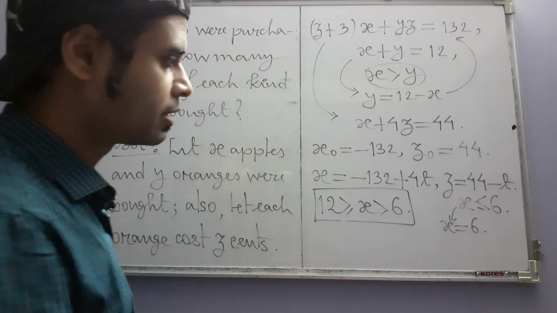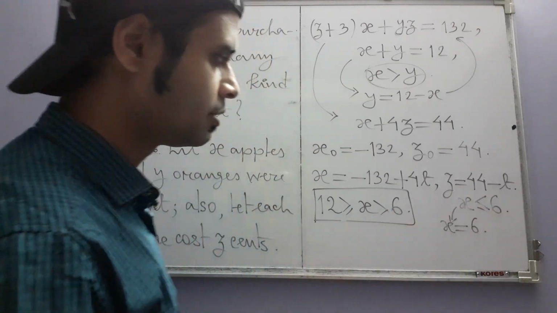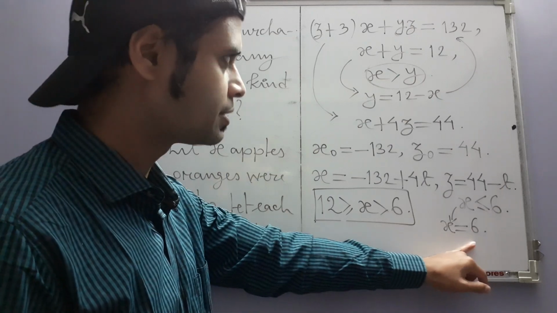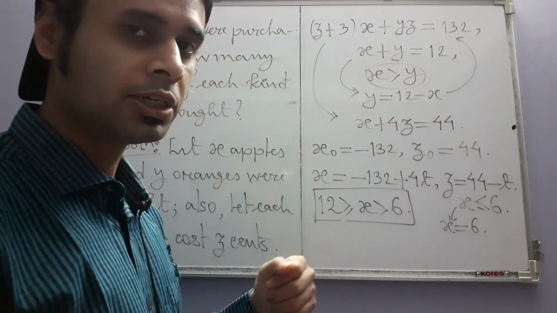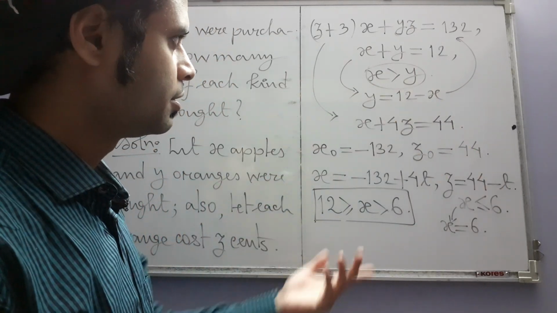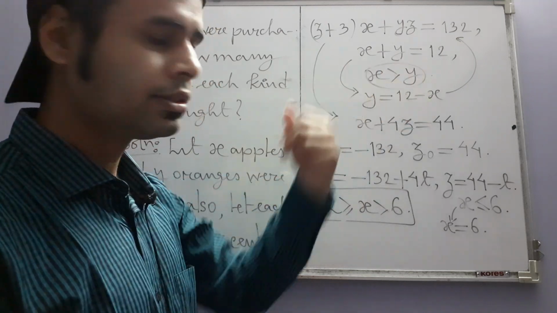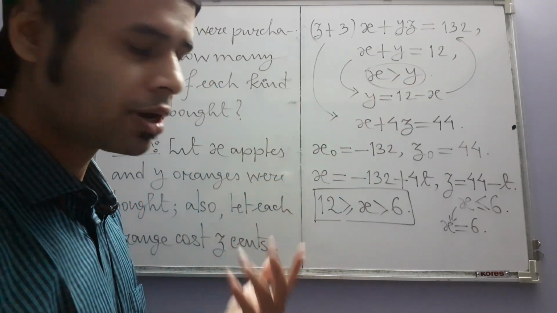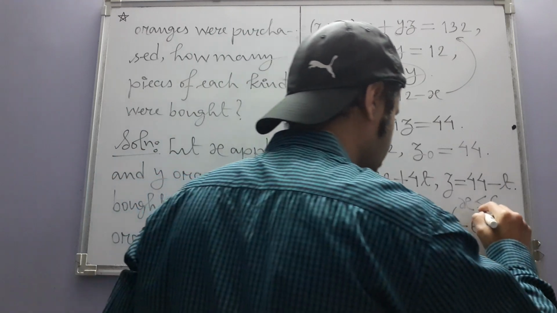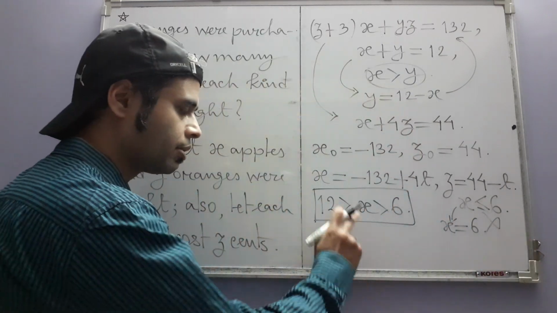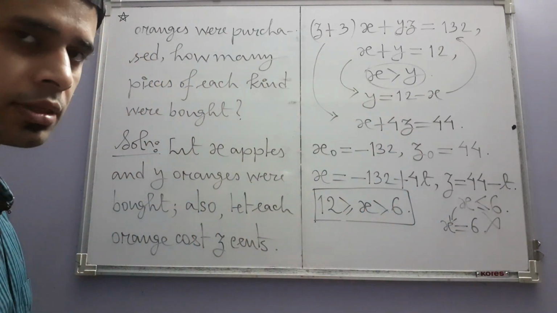In a similar manner, x cannot be less than 6 also, because if x is less than 6, then y has to be greater than 6. But then clearly this inequality again is violated. So that is why this cannot be the case. So x has to be greater than 6.